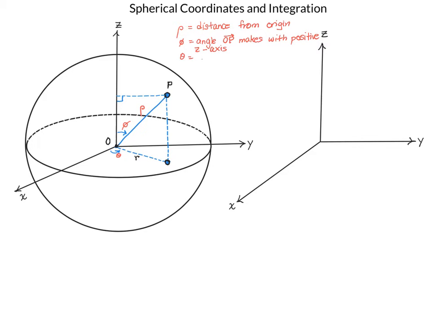And theta is the angle that R makes with the positive x-axis. So these are our spherical coordinates, rho, phi, and theta.